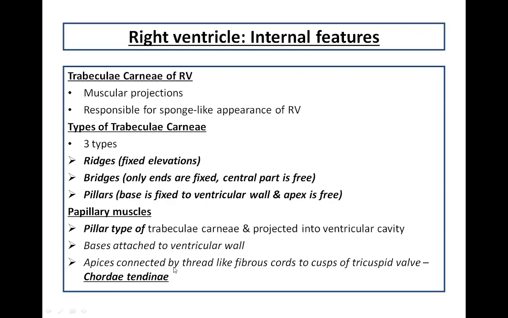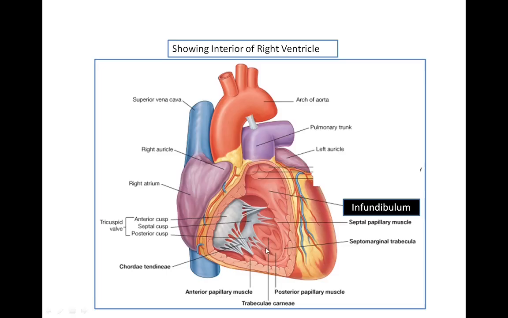Now these apexes are connected to a fibrous cord-like structure which is attached to the cusps. From the margin of the cusps some thread-like structures go, and the apex of the papillary muscle is attached to them. So these are fibrous cords arising from the cusps, and where is this thread-like structure attached?